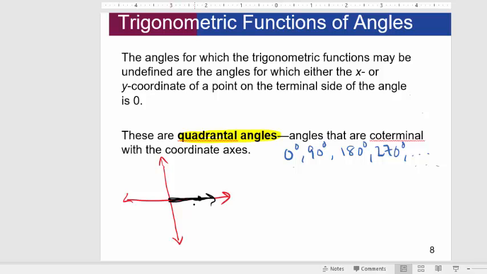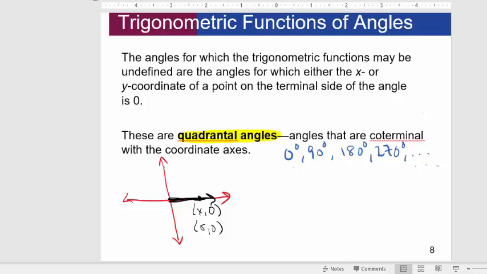So this point here is still x, y, but in this case, y is 0. I didn't go up or down, so it's x, 0. And since I couldn't even form a right triangle, this is not only one of the legs of the right triangle, but this is also like the hypotenuse. So this is really the same as r, 0. So x, 0 and r, 0, when theta is 0, are really the same point.